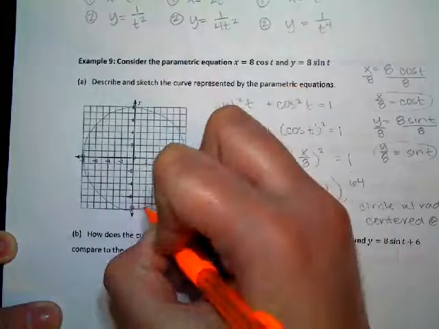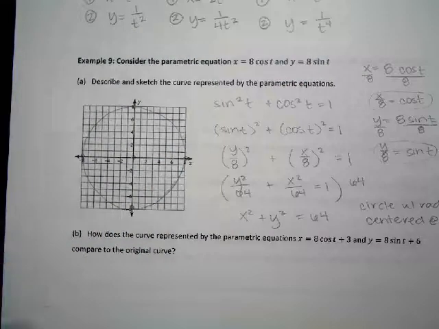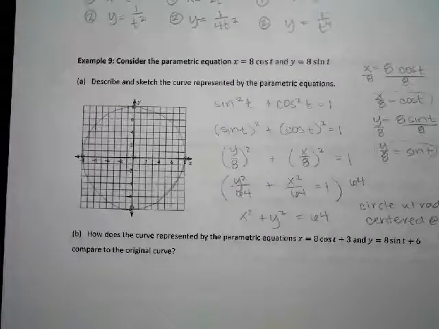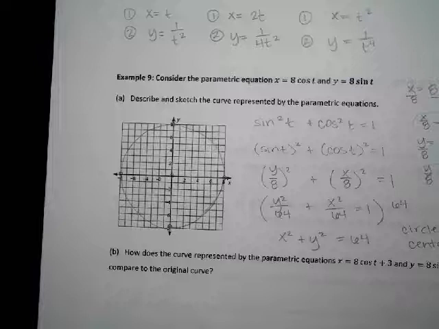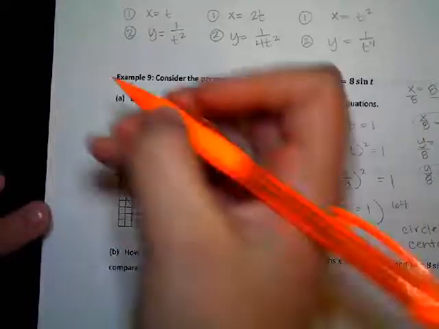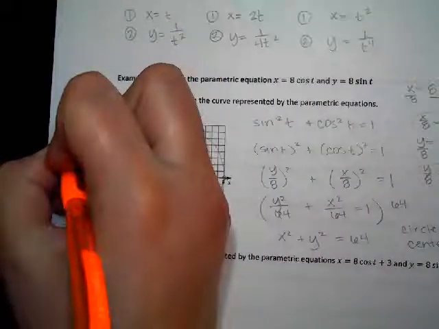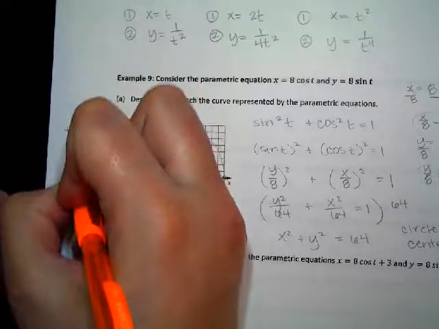So there's my rectangular equation. Now, if I wanted to go back and do the parametric version, I would say, okay, I need to use my t, and I need to use my x, and I need to use my y.